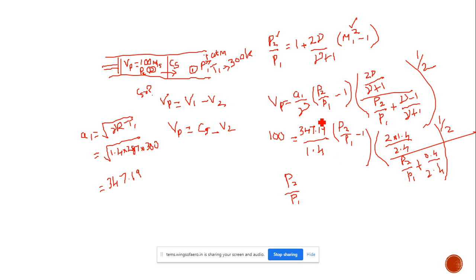See, we can keep this 100 here. First do 347.19 divided by 1.4. Calculate this, and also here you can calculate 2 into 1.4 divided by 2.4. This same way you can calculate this also. After that it will be somewhat simple for solving this. Then you can cross multiply these terms, so that it will be easy for you.